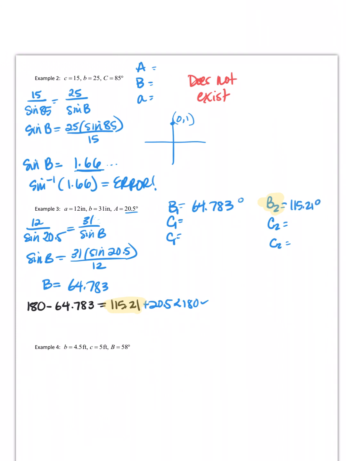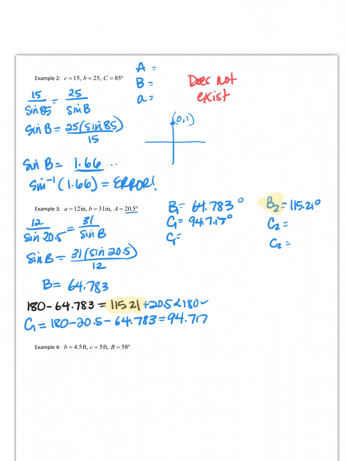Okay, that being said, I'm going to focus on the first triangle first and find big C1. So big C1 is going to be 180 minus the 20.5 I know, minus the 64.783, and that gives me 94.717. Okay.